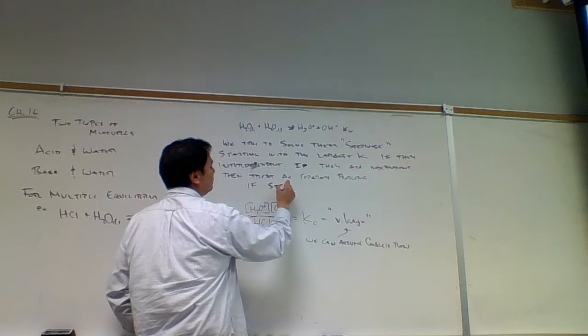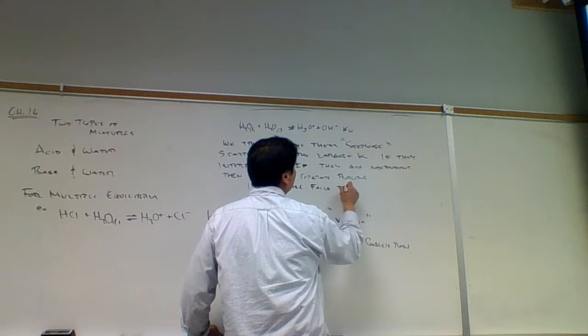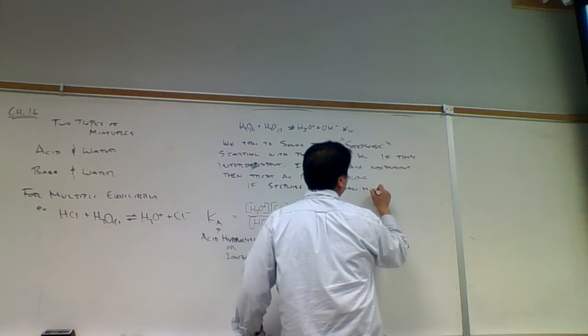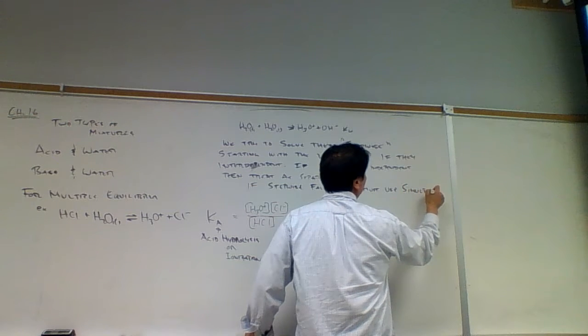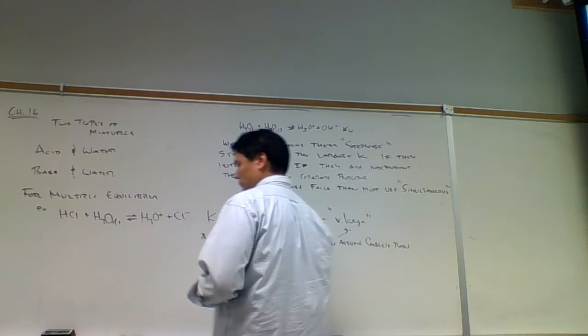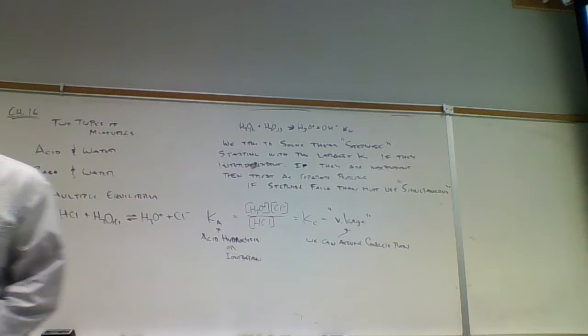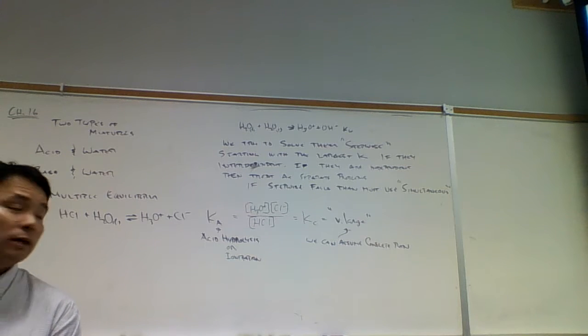If stepwise fails, then you must use simultaneous. I'll talk about how stepwise can fail. So the thinking behind this is this. The simultaneous method works for all multiple equilibria.